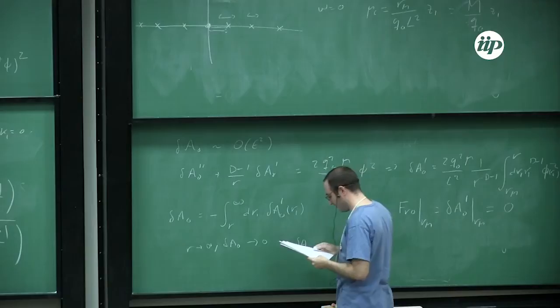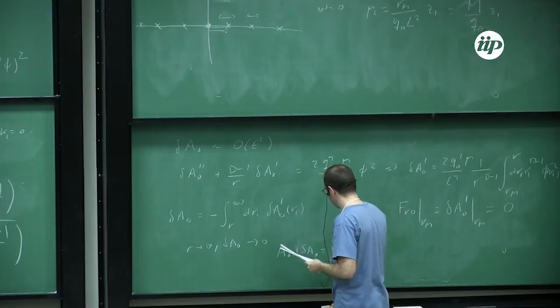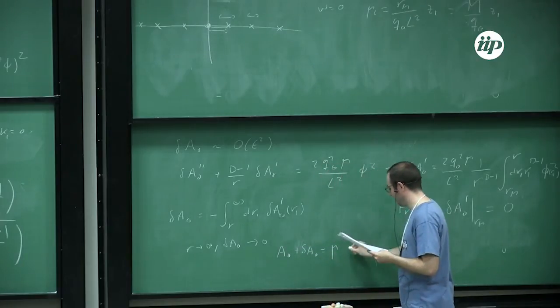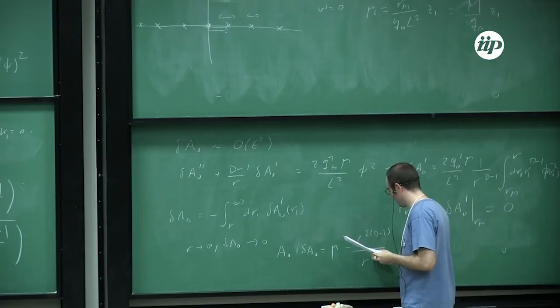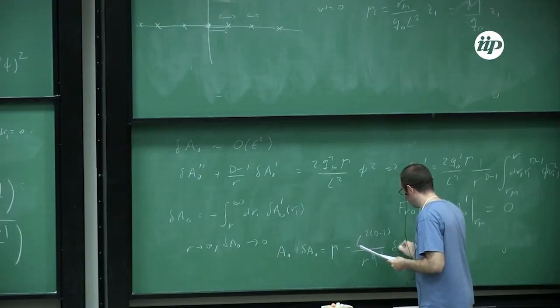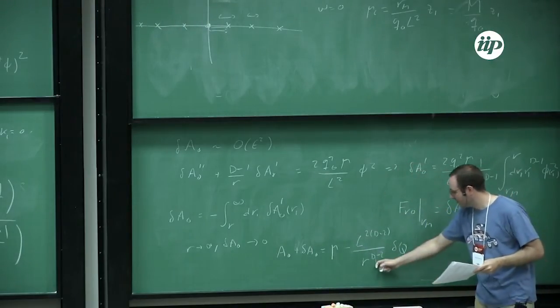So you can expand the full solution close to the boundary, then you have the chemical potential, and then there is a term which is suppressed. And it has this dependence, which is the one you expect for a gauge field.